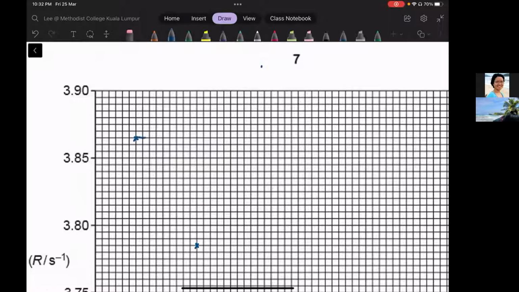I'm going to switch app a bit so that I can use the ruler. So start your error bar 0.03 to the left, 0.03 to the right. Your graph will be looking something like this. With a ruler, do not use freehand like me. Freehand is the best place for me to minus mark. Never use ruler, I don't need to check already.